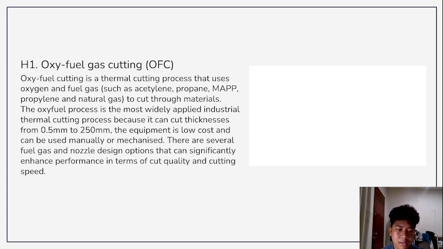The oxy-fuel process is the most widely applied industrial thermal cutting process because it can cut thickness from 0.5 mm to 250 mm. The equipment is low cost and can be used manually or mechanically. There are several fuel gas and nozzle design options that can significantly enhance performance in terms of cut quality and cutting speed.